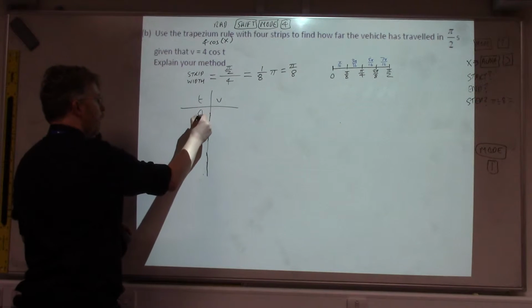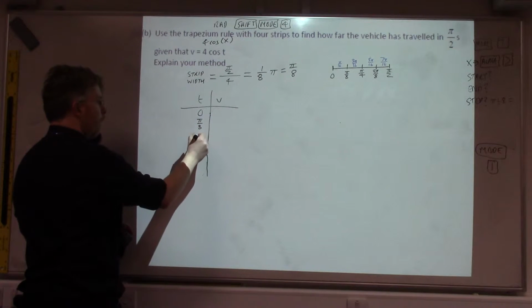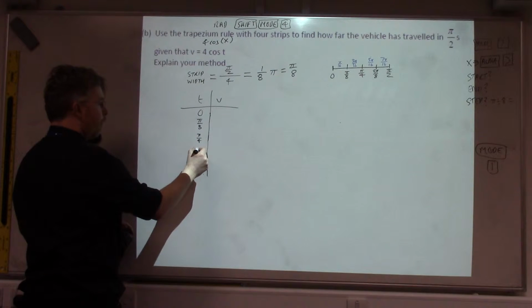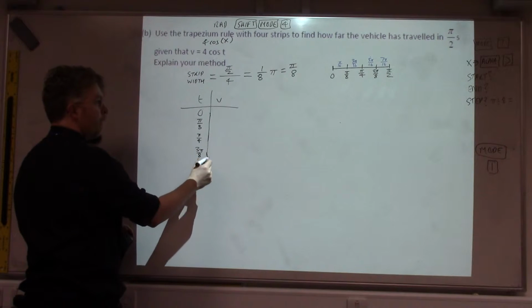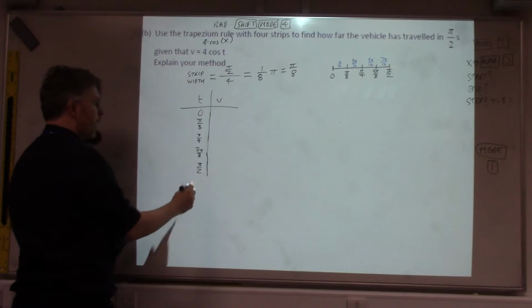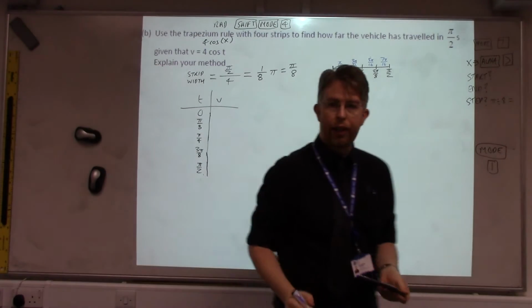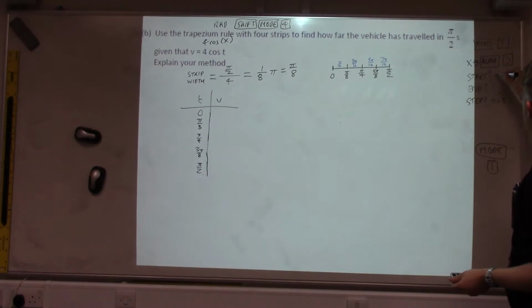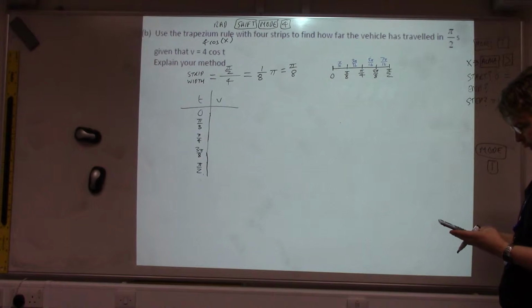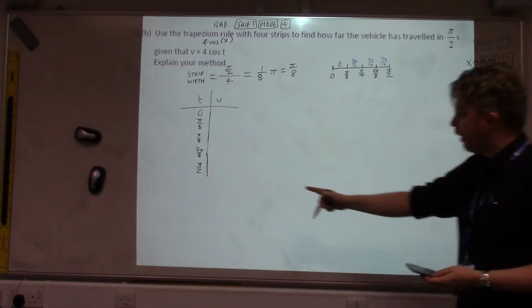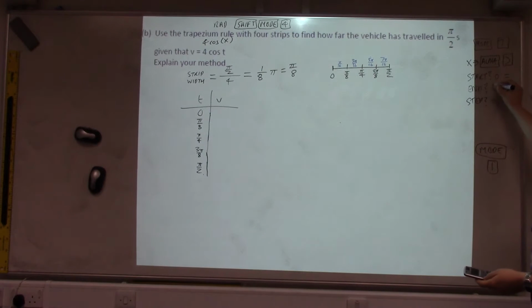So 0, pi over 8, pi over 4, 3 pi over 8, pi over 2. So our starting value is now 0. Our end value is now pi divided by 2. Our step is still pi divided by 8.